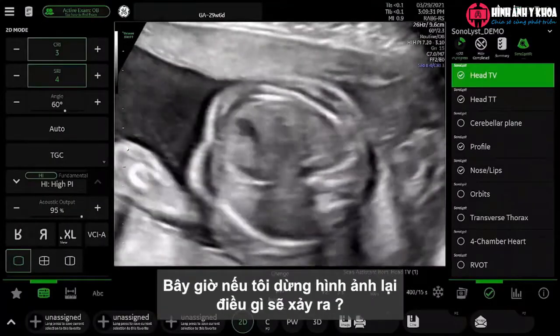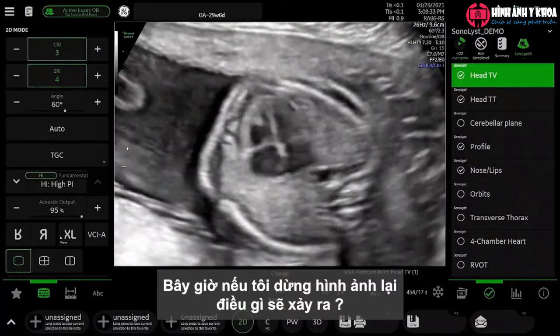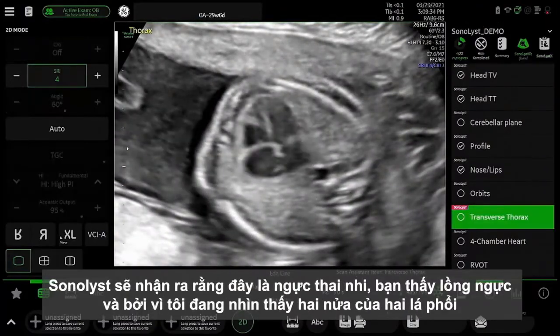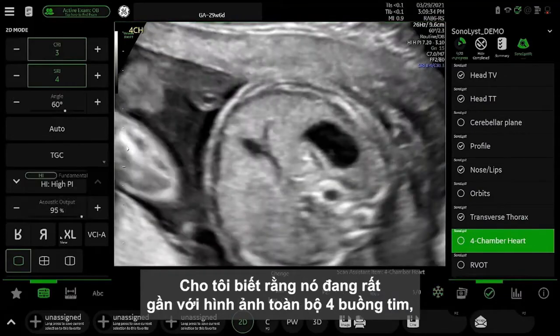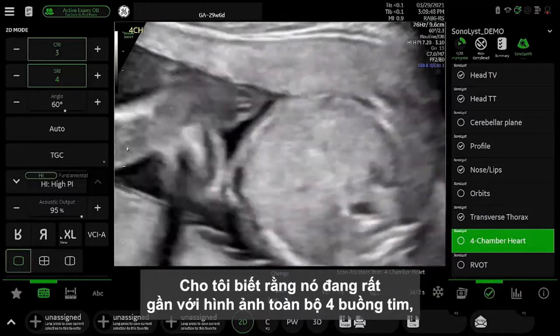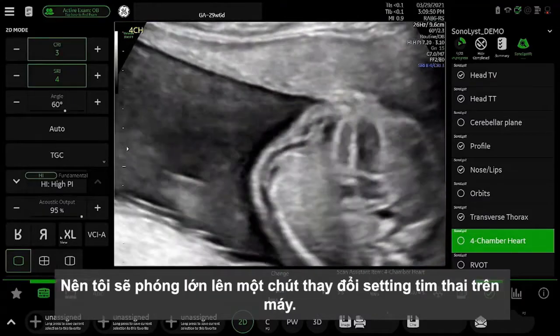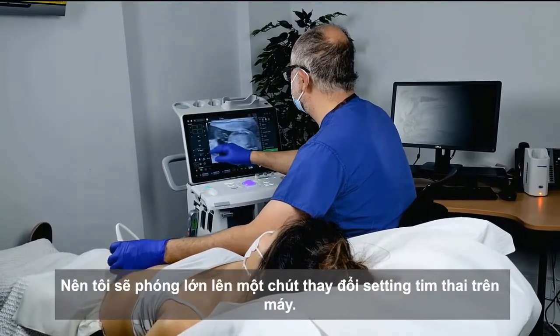Now, if I freeze here, what's going to happen is it's going to recognize that that's the chest of the baby. You see thorax, so that's because I'm seeing the two halves of the two lungs, and it's also telling me that it's very near the four-chamber view, so I'm just going to magnify that a little bit.